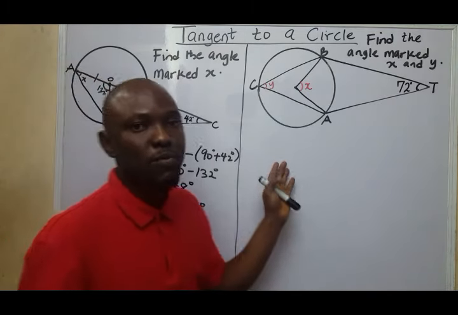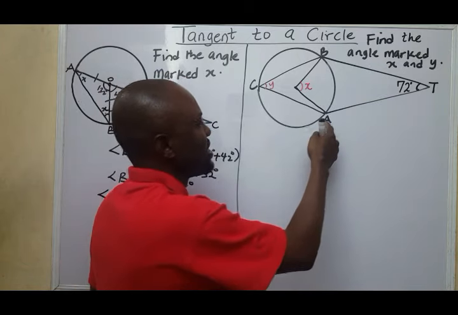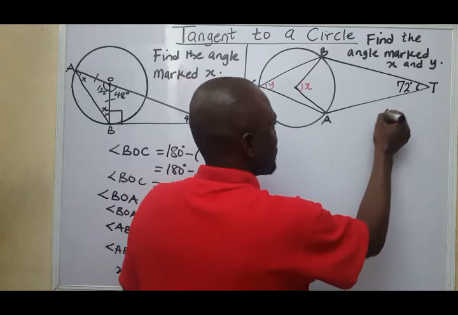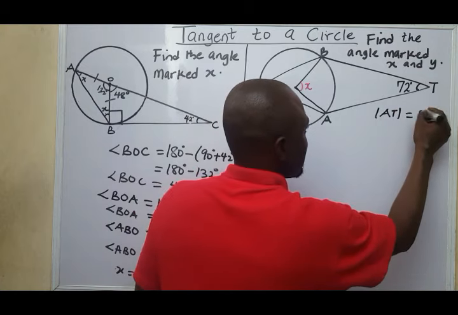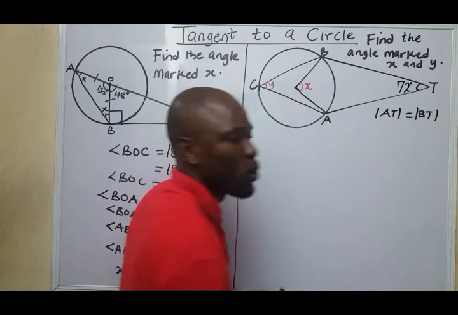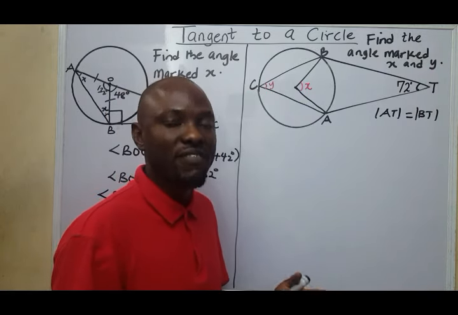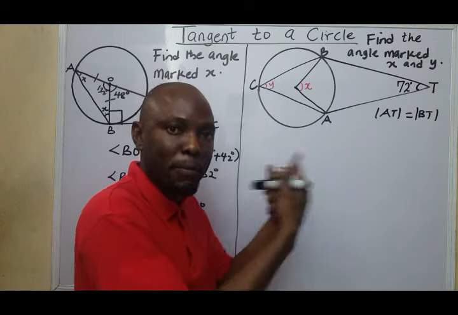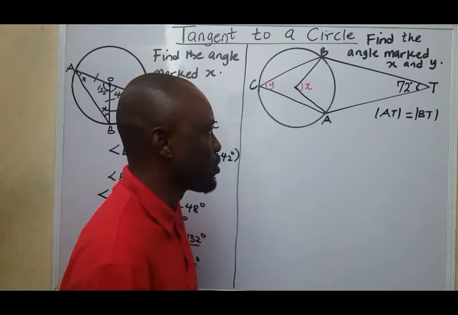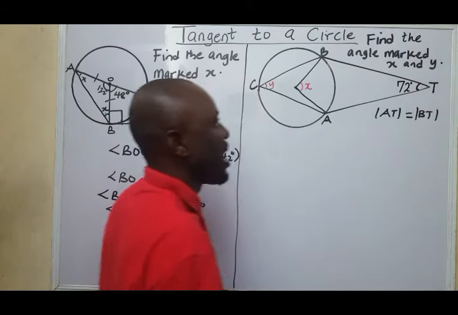Now, if you look at the second problem, we can see that line AT and line BT are equal. Why? Because I said something about a tangent, that when you have a point outside the circle and then you have two tangents that meet at that point outside the circle, the lengths of AT and BT are equal.